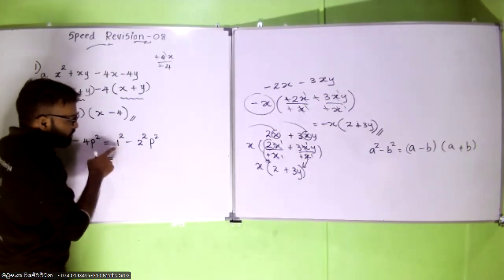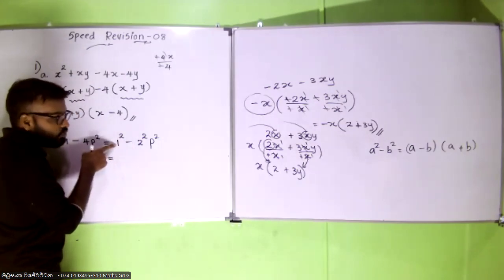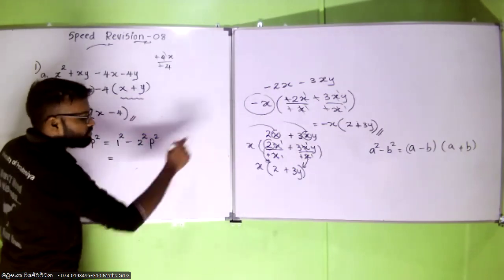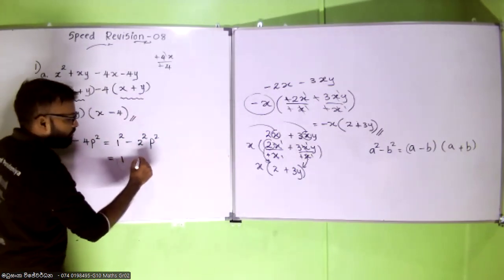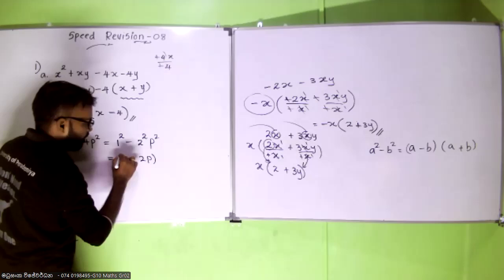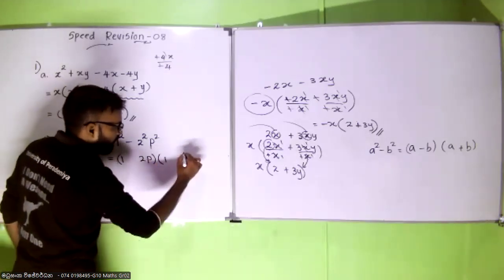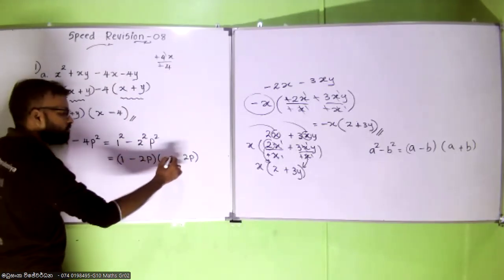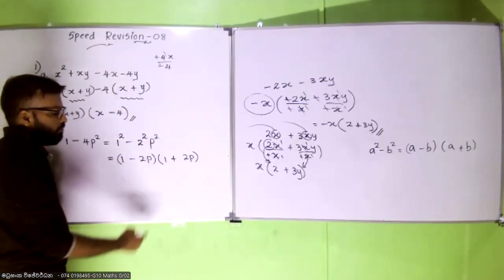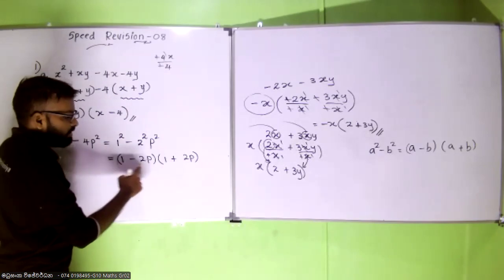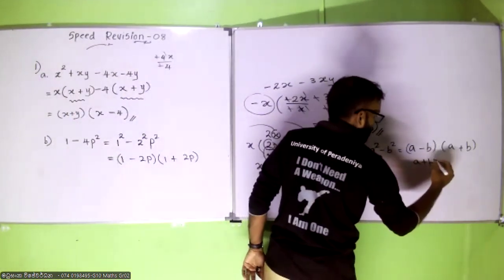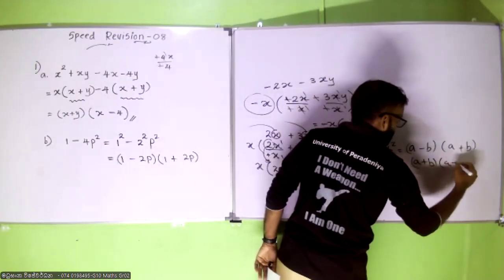So this whole term is something like a square, this is something like b square, so 1 and 2p. There is a pattern. If you want, you can exchange the terms as well. You can write this as a plus b, a minus b as well.